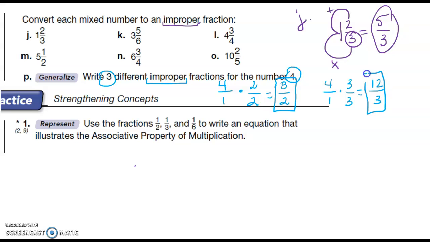And 4 times 4 over 4 is 16 over 4. And that's how you get 3 improper fractions. You multiply by some form of 1. So 2 over 2 is equal to 1, 3 over 3 is equal to 1, 4 over 4 is equal to 1. And we'll talk more about this property in a future lesson.